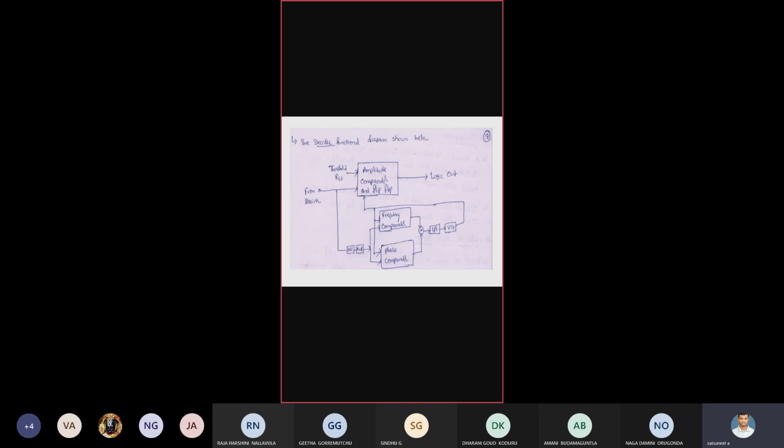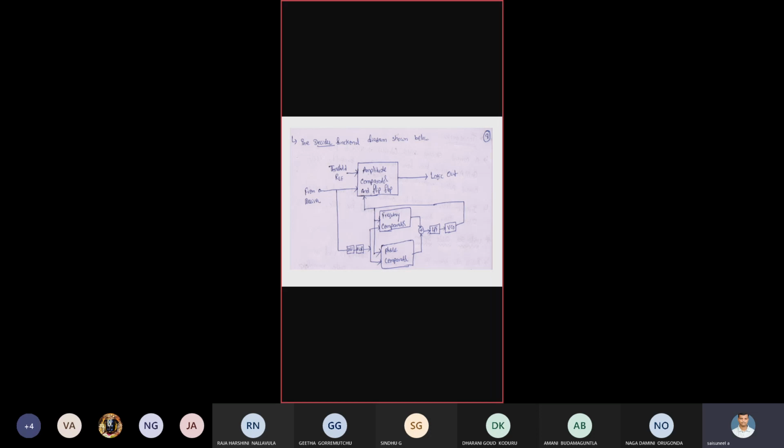We get two inputs for this comparator, because in any comparator we compare two signals: one is the reference threshold value, and the other is from the receiver circuit. We compare these two, that is, whether the receiving signal is above the threshold value or not. If it is above, the logic output is 1. When the receiving signal is below the threshold value, the logic output is 0. How can it be compared? By the D flip-flop.